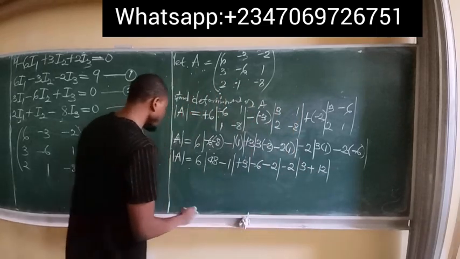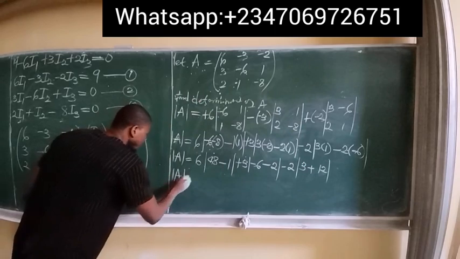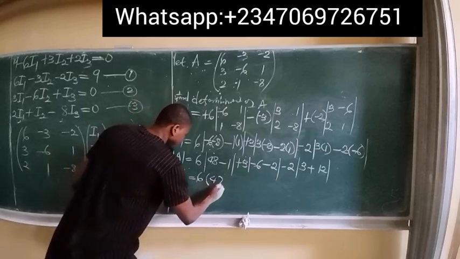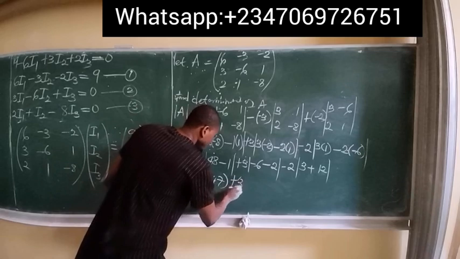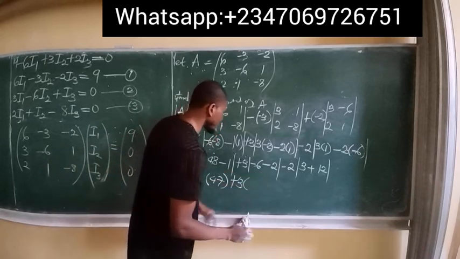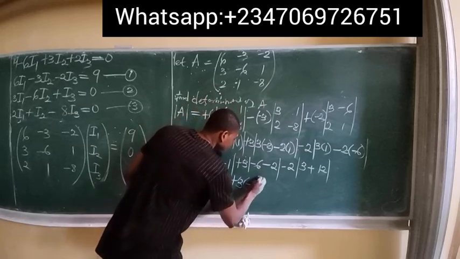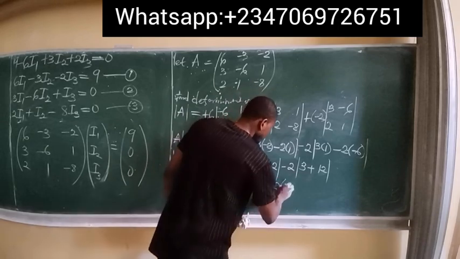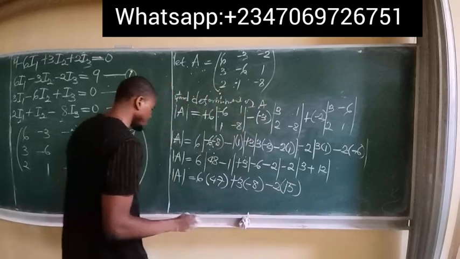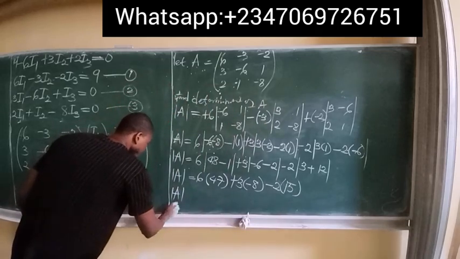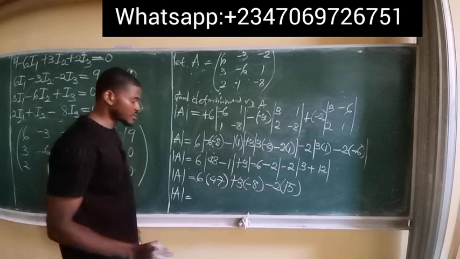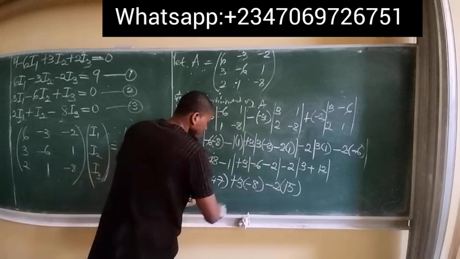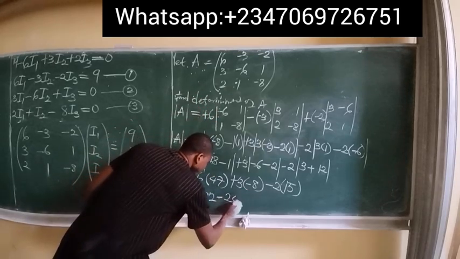Delta A is now equal to 6 into 48 minus 1, which is 47, plus 3 into minus 6 minus 2, which is minus 8, minus 2 into 3 plus 12, which is 15. So the determinant of A is equal to 6 times 47, which gives us 282. 3 times minus 8 is minus 24.